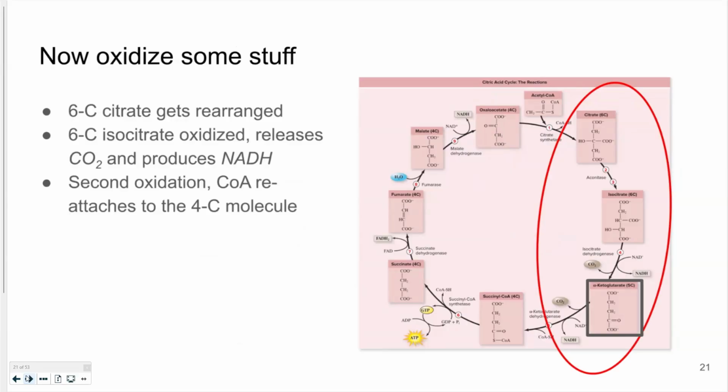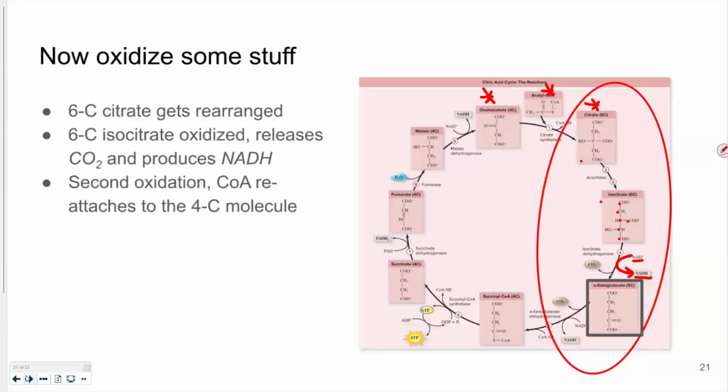All right, now this is the process where we are going to oxidize some things. We are going to take our citric acid and rearrange some atoms. Nothing cool is happening yet. Now, at this stage, we are going to take this 6-carbon molecule over here, and we are going to transfer some of the electrons from our 6-carbon molecule onto NAD+, and that creates our NADH.